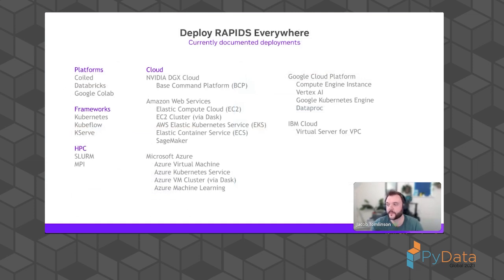But that's one approach that we could take to deploying Rapids and getting these tools in our hands. We have documentation on that site for all sorts of different platforms, every service you could think of in the different cloud providers. And if you don't see your preferred provider here, go and open an issue on the repo, and we can go and fill in another documentation page.